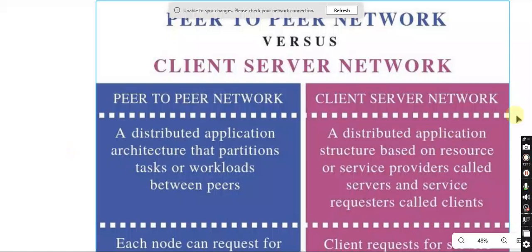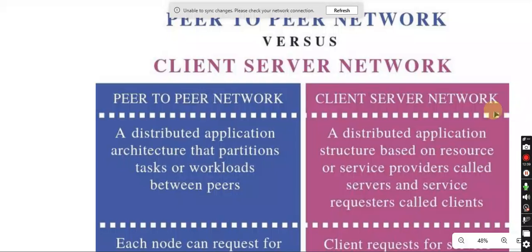But what happens in client-server? It is a distributed application structure based on resource or service providers called servers and service requesters called clients. In the same example, the service provider is the WhatsApp company, and I am the requester. I request the service.